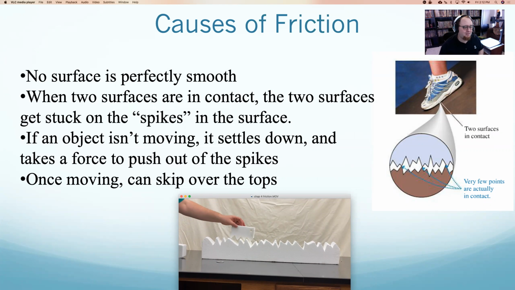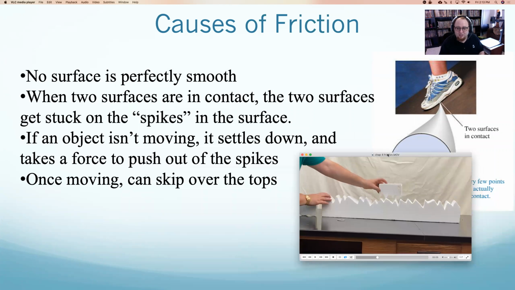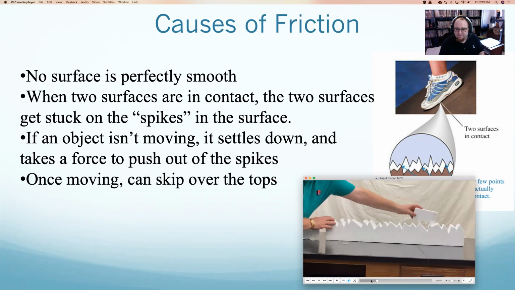What happens is if you take 2 objects and push them up against each other, these teeth might kind of line up. If I put this styrofoam block on top of the other one, I can get it so that it doesn't really want to move because the teeth kind of get stuck on each other. That's what static friction is. Static friction is when the 2 things are stopped on top of each other and it's stuck in there.